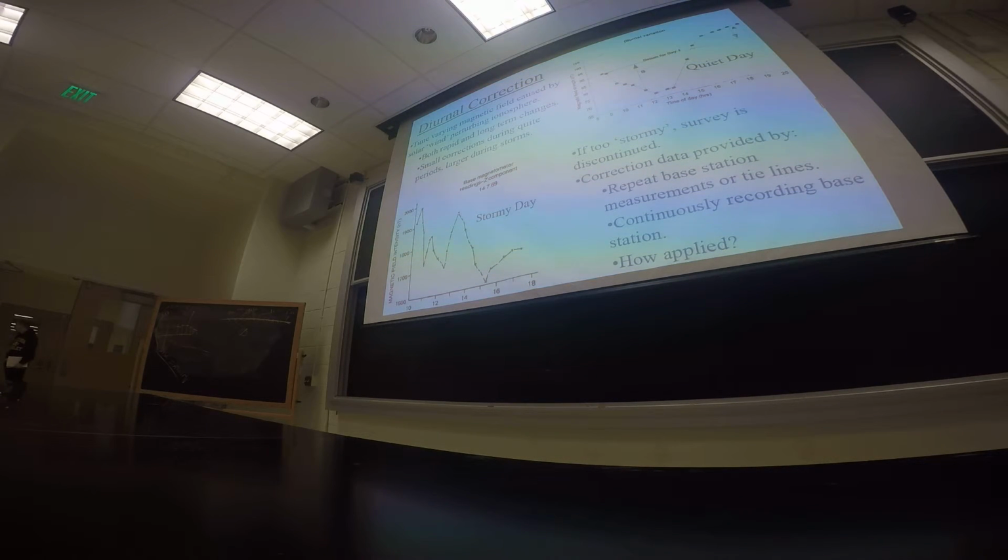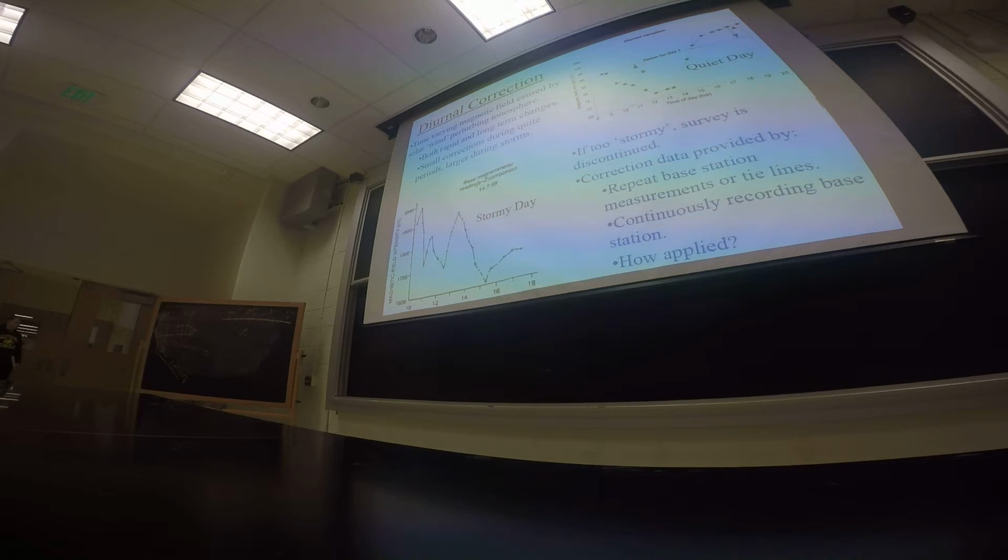Wouldn't these measurements differ? Yes and no. That's a good question. So the question was, if I'm over here and this is over here, do I have a different magnetic field at both?